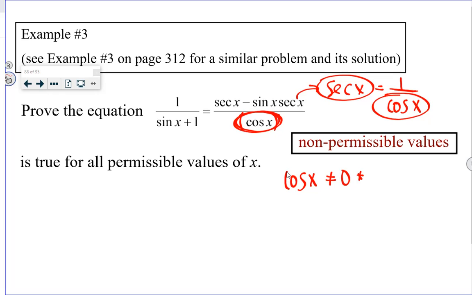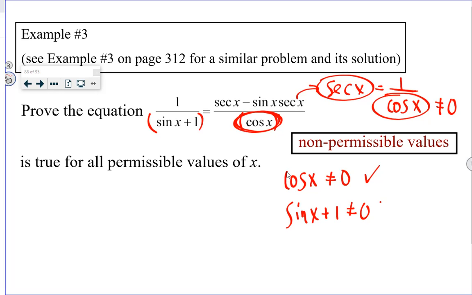So what you would do is write out that secant of x is 1 over cosine of x, so this is not allowed to be 0, but we already have that covered. The other thing that's not allowed to be 0 is sine of x plus 1. That's not allowed to be 0 because sine of x plus 1 is a denominator.